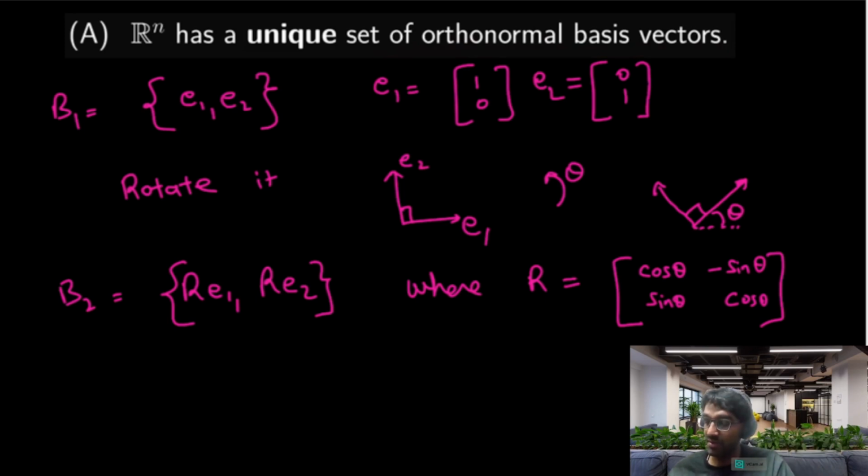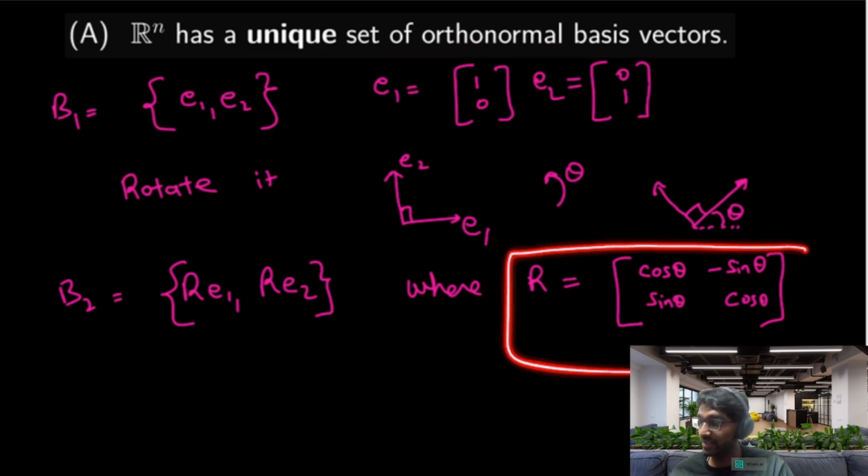So one very simple thing we can do is rotate each of the vectors of the basis. Rotation is done by multiplying the vectors by a rotation matrix. So here R is the rotation matrix.